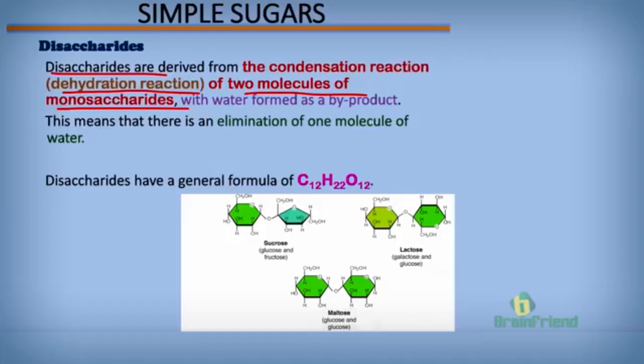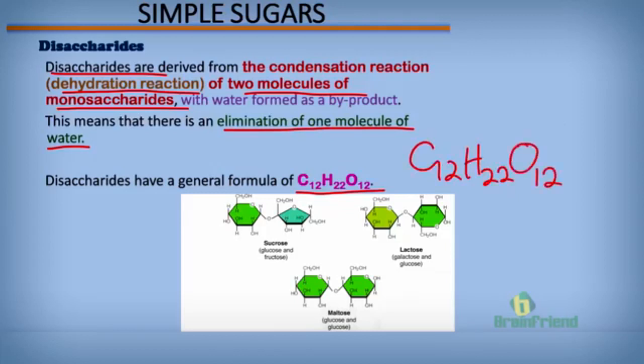So there is an elimination of 1 molecule of water whenever disaccharides are formed. They have a general formula of C12H22O11. Examples of disaccharides are sucrose, lactose, and maltose.